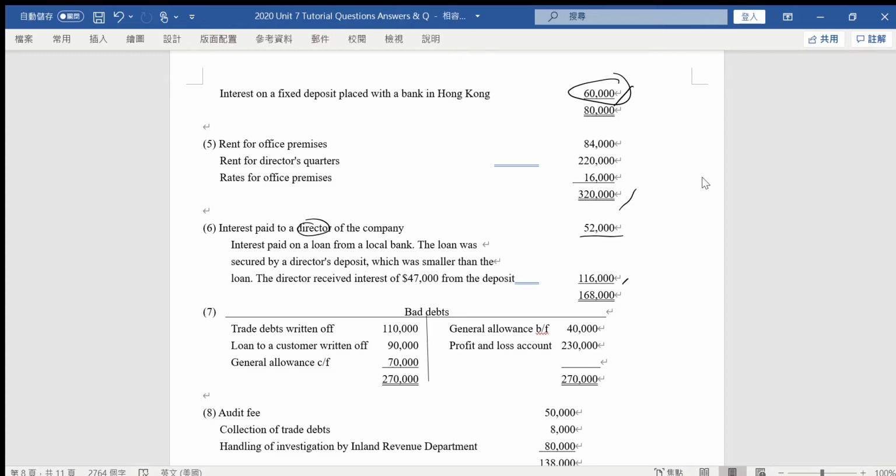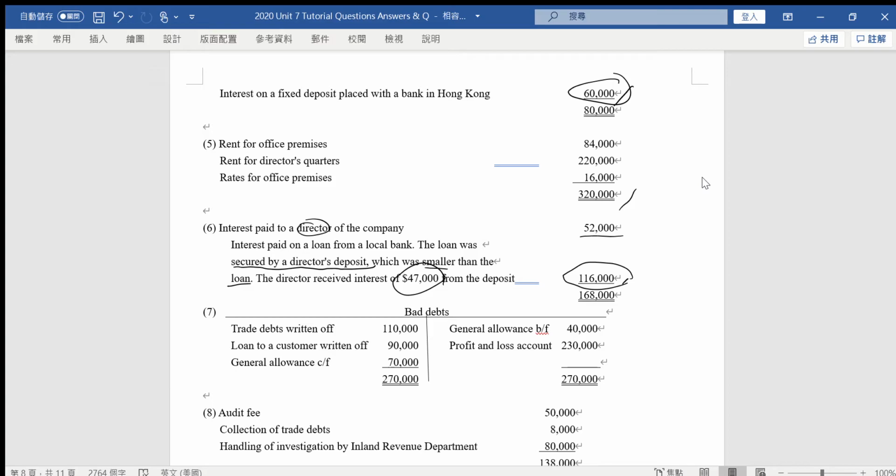Other than that, for this one, you will find that the loan is obtained from a financial institution in Hong Kong, and surely the interest paid to this financial institution will be taxable, but that is being secured by a connected person, the director's deposit. Because the secured deposit is smaller than the loan, and the director received this amount, the deduction will be reduced proportionally, reduced by 47,000.